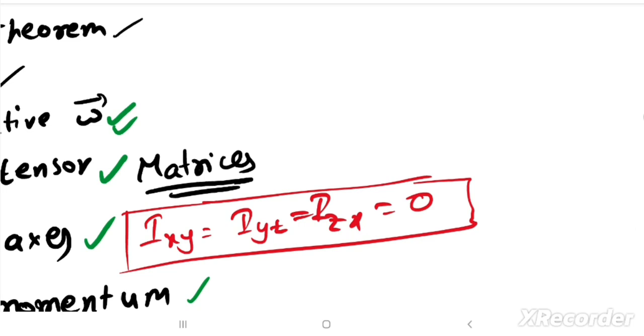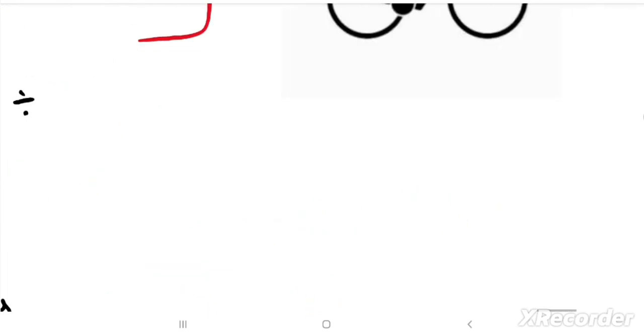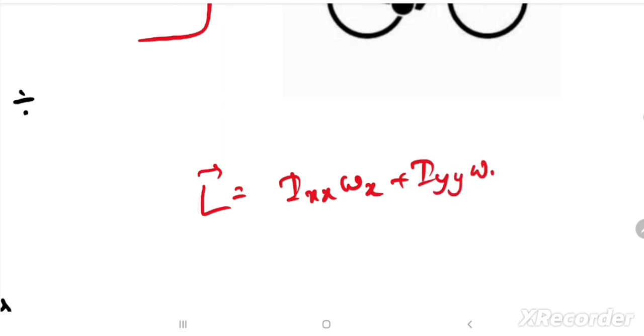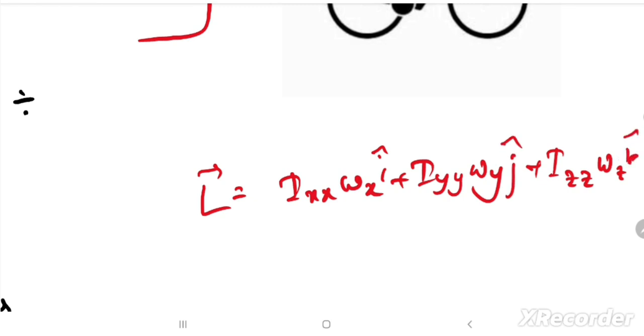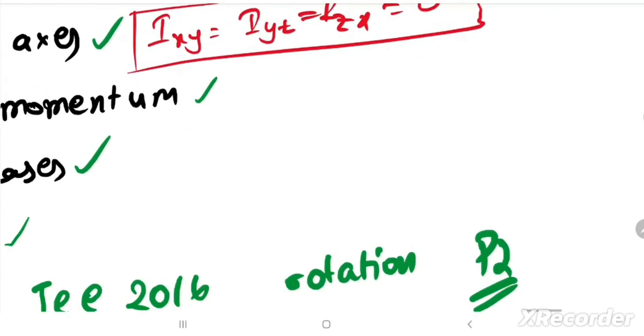If we write angular momentum in this case, we'll get Ixx omega x plus Iyy omega y plus Izz omega z, with direction, of course, in the i cap, j cap, and k cap. So this is a very important concept.